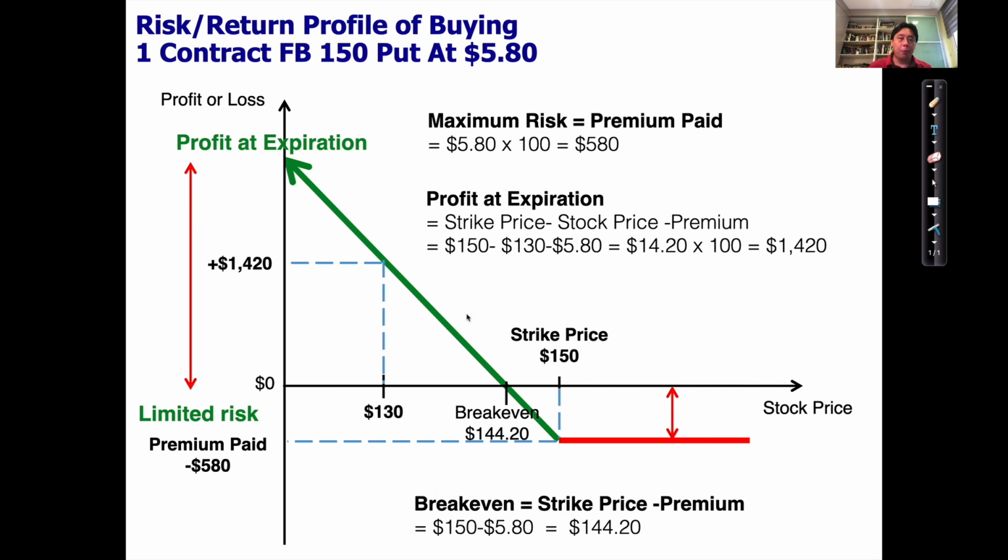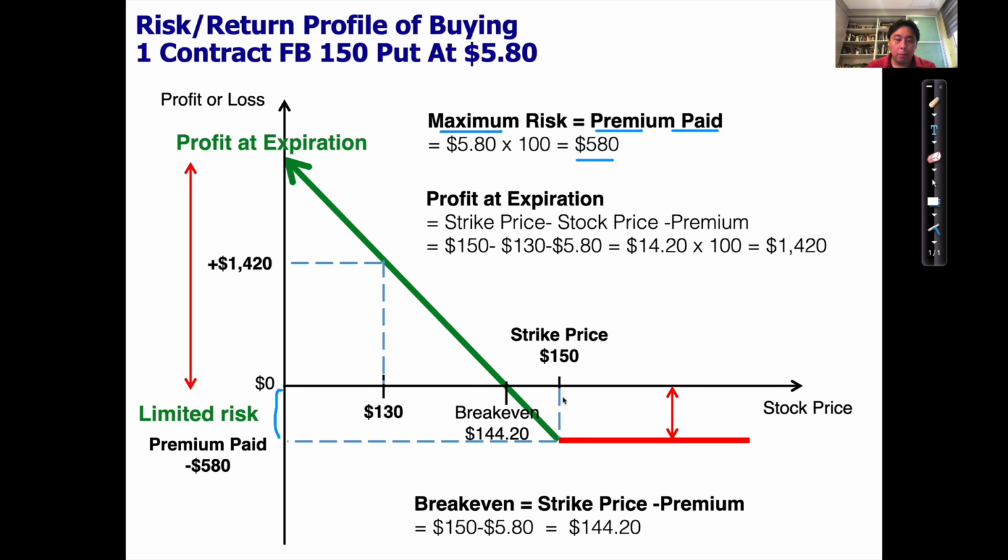So when you buy a put, what's the maximum risk? The maximum risk would be the premium that you've paid for the put. In this case, you paid $5.80, and one contract is 100 shares, so the maximum risk would be $5.80 per share. That's the worst that can happen. So in this case, you can see a maximum loss would be $5.80.